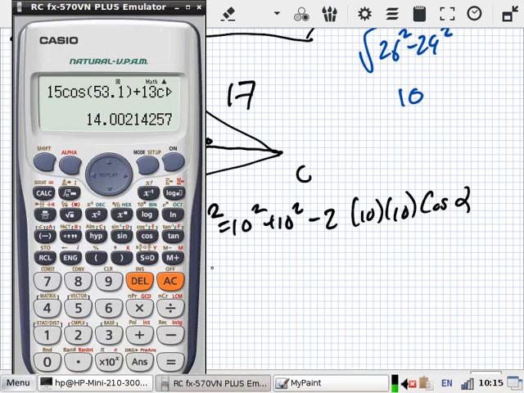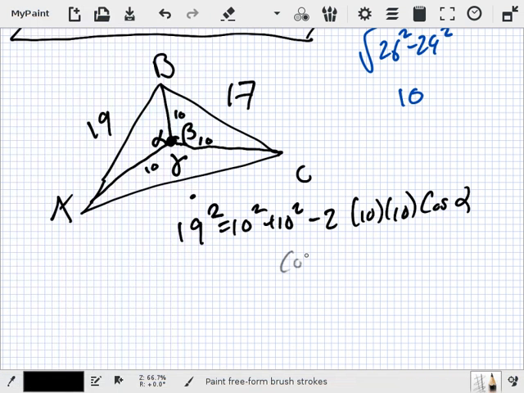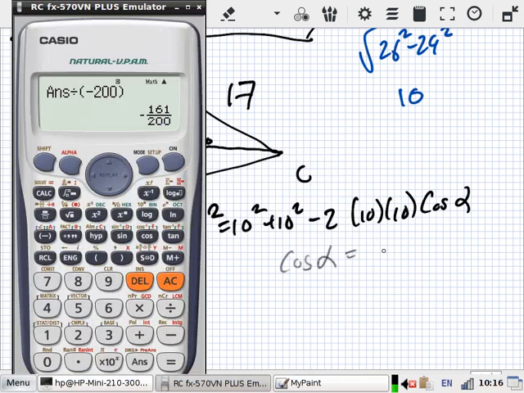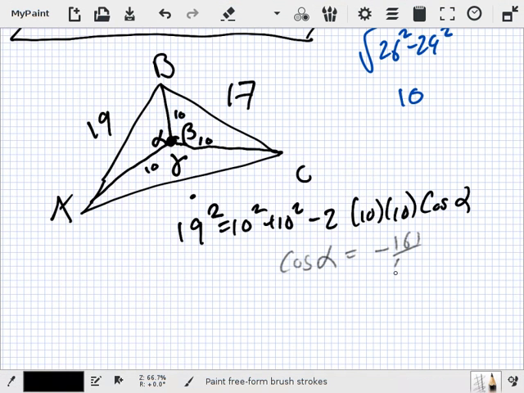Let's calculate that. 19 squared minus 10 squared minus 10 squared divided by minus 200. So if you rearrange this, you get cos alpha equals minus 161 over 200. And then cos inverse, which I'll do now.